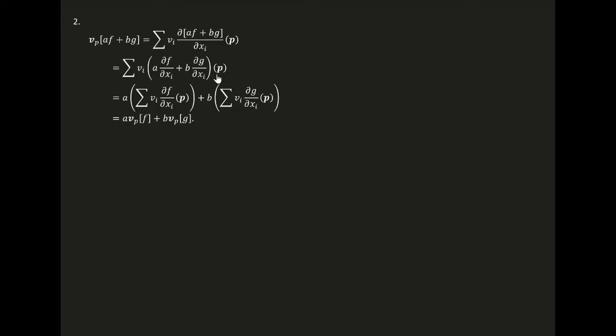So we do that here. Then we distribute v_i across the sum. We factor out a's and b's, and then we group. And by grouping, we obtain in parentheses again the formula for the directional derivatives. And so that gives us the formula for part 2.